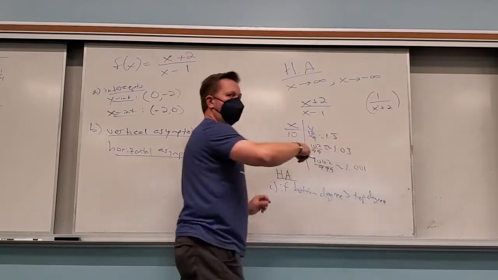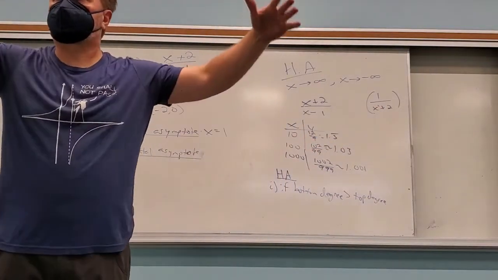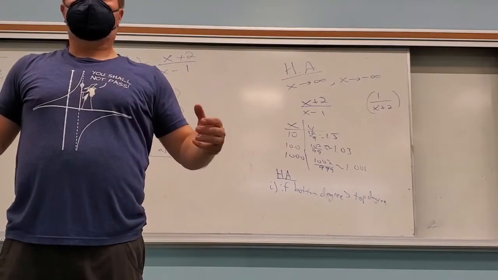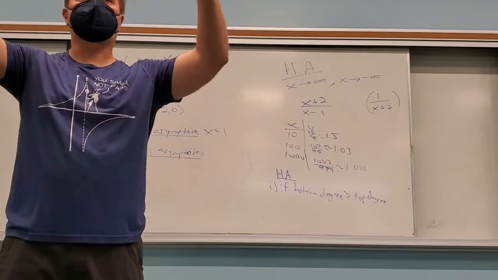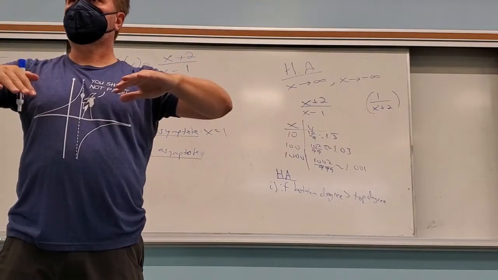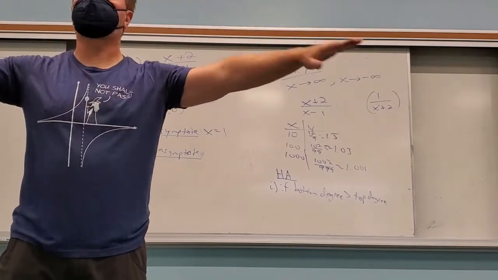If the bottom degree is bigger than the top, doesn't that mean the bottom is growing faster? Right? If I'm dividing by bigger, bigger, bigger, isn't my output getting smaller, smaller, smaller? So that would mean that that asymptote would be 0.